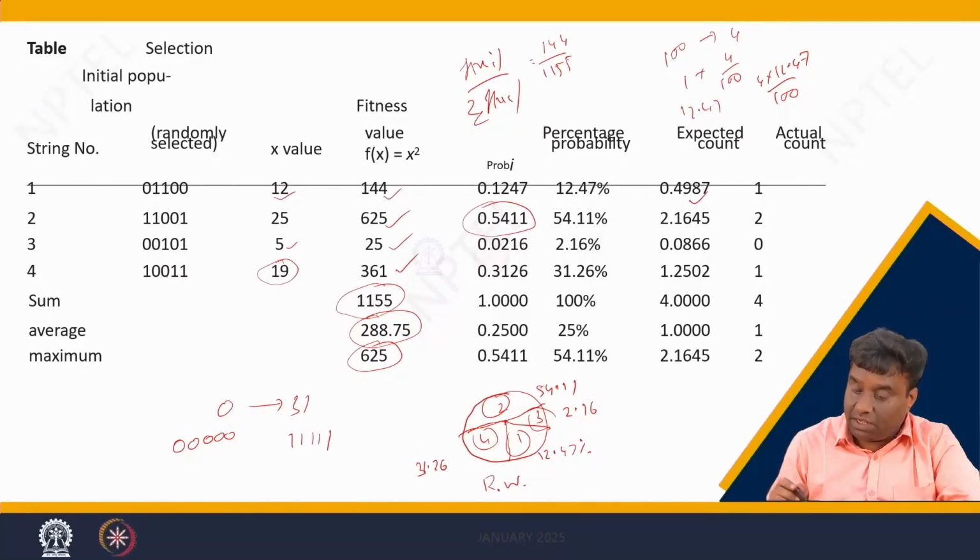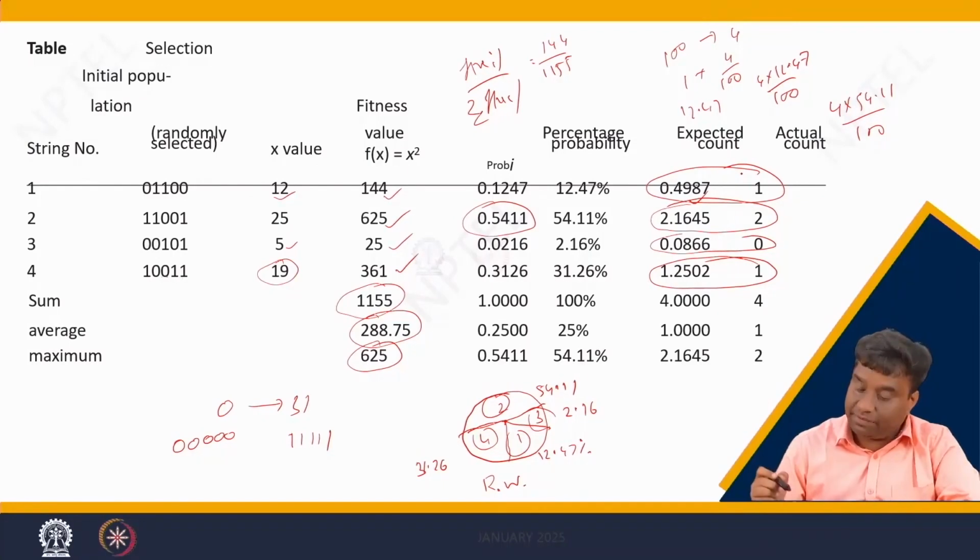Similarly for 54.11% it is 4 into 54.11 by 100, which is 2.1645. For 2.16% it is 0.0866. For 31.26% it is 1.2502. So the actual count is approximately 2 for the second string. For the first string the actual count is approximately 1, since 0.4987 rounds up, so we are taking it as 1.